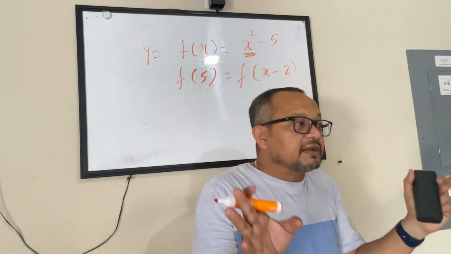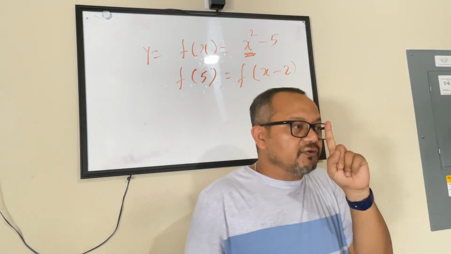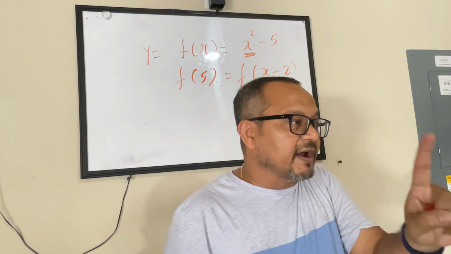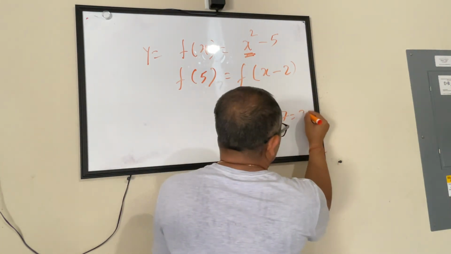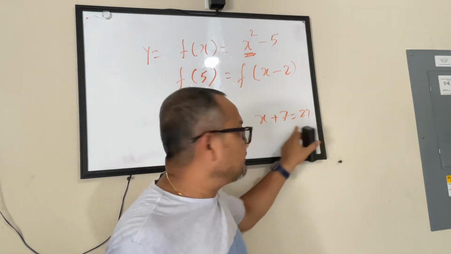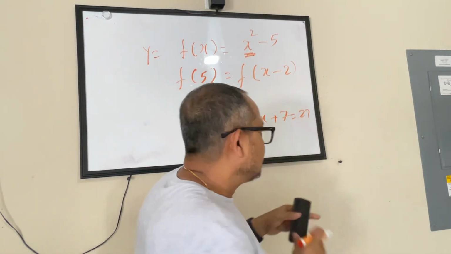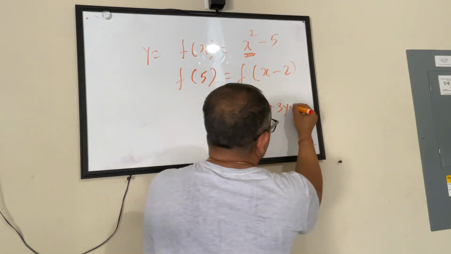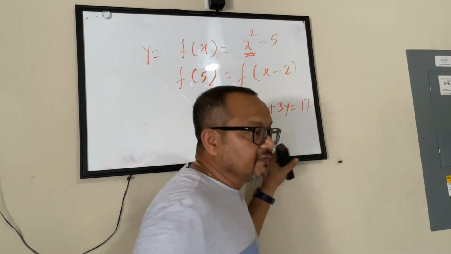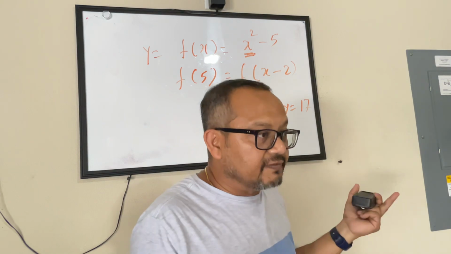Now look at it in a different way. If you have one equation, one variable, you can solve it. If it says x plus 7 equals 22, this is one equation with one variable, you can solve it. If somebody says find out x plus 3y equals 17 and solve it for x and y, you cannot solve it.